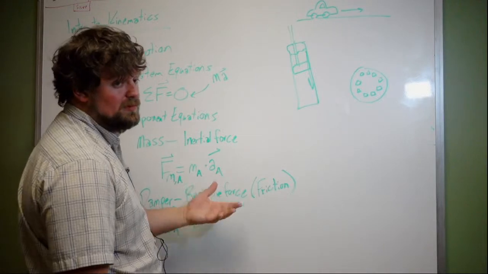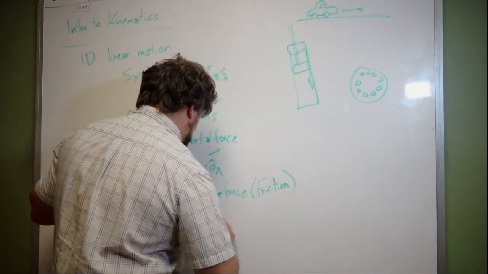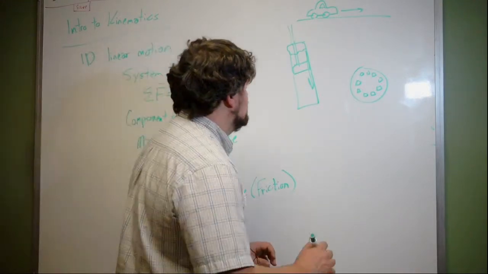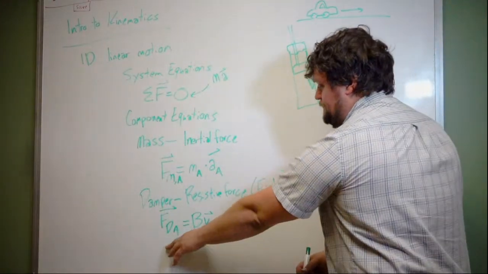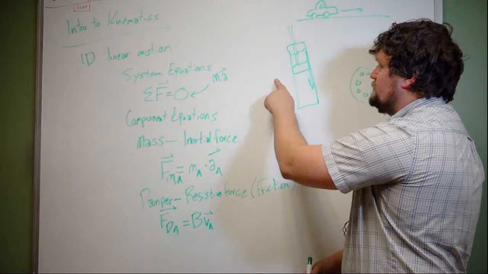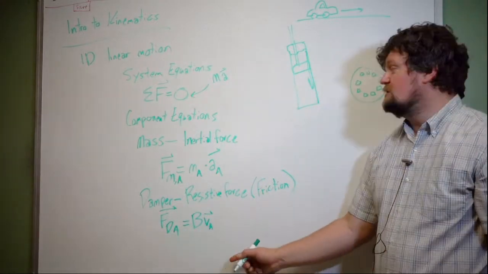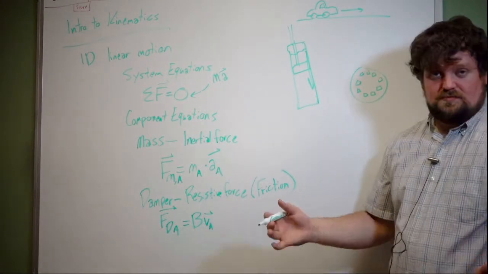We'll work a problem. So if this plunger is traveling at 5 meters per second, you can expect the force exerted by the fluid on the plunger to be linearly correlated with the speed of the plunger traveling through the tube. Okay? Damper.